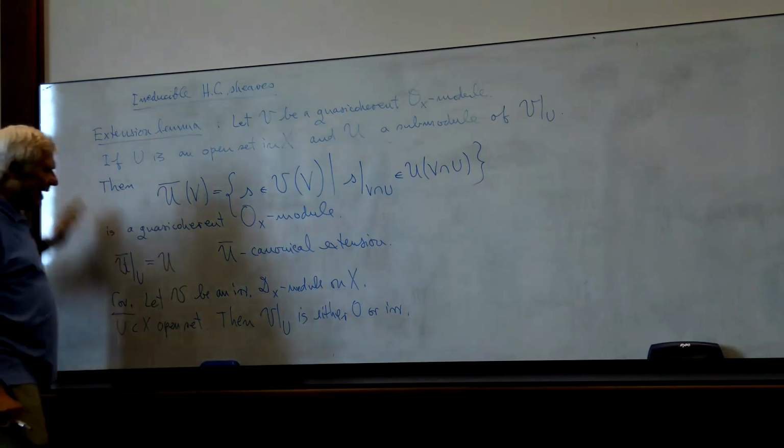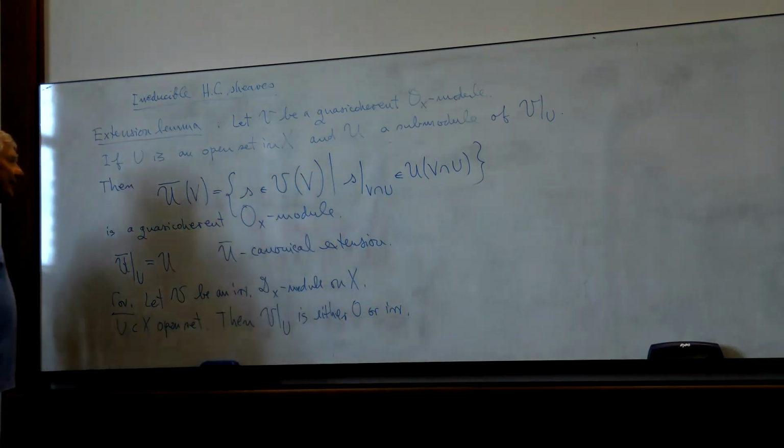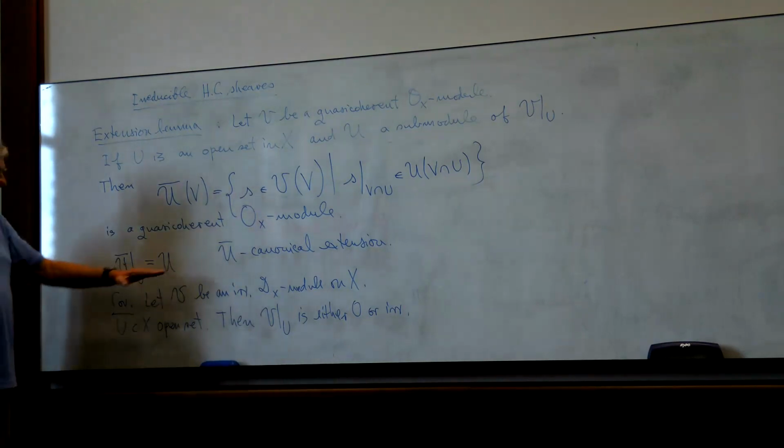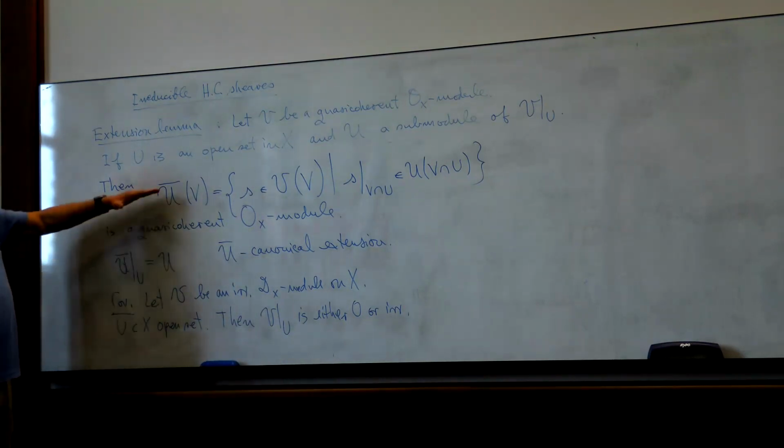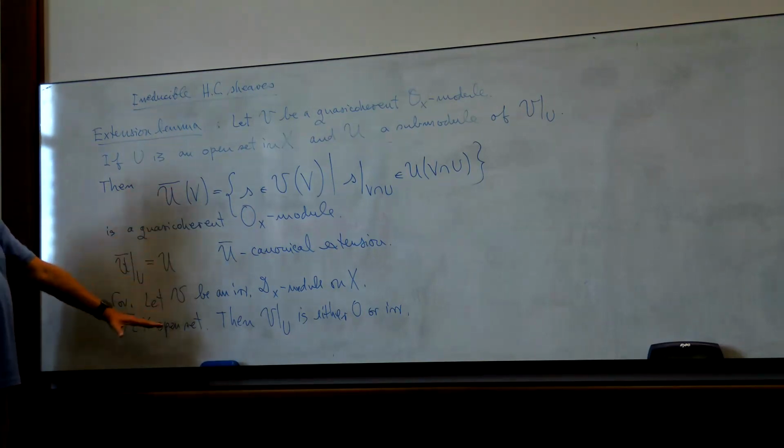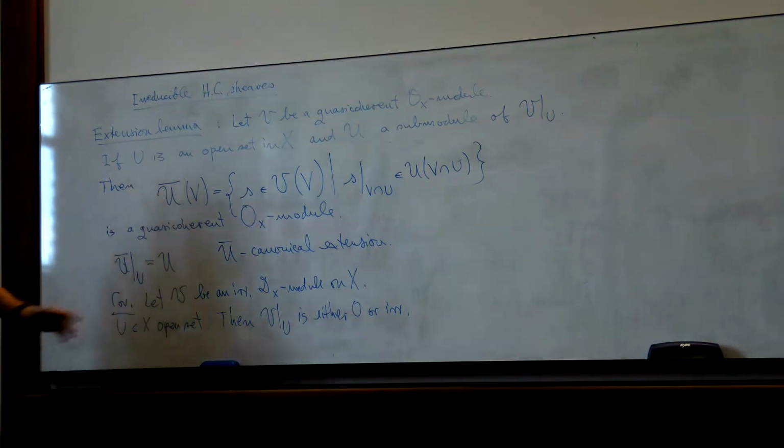Then it would have a sub D_U module, say U, and we would be able to take the canonical extension, and of course the canonical extension of a D module is a D module for obvious reasons.